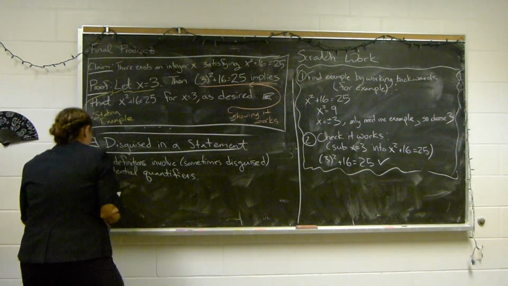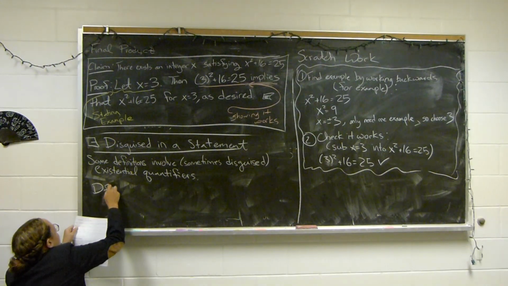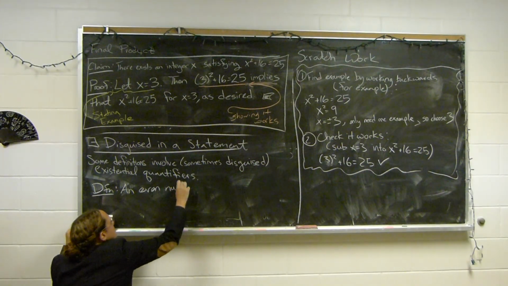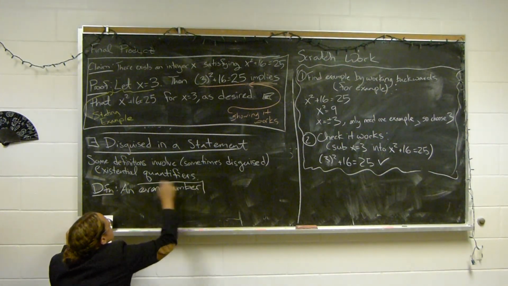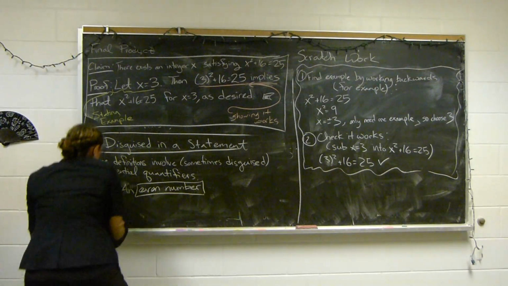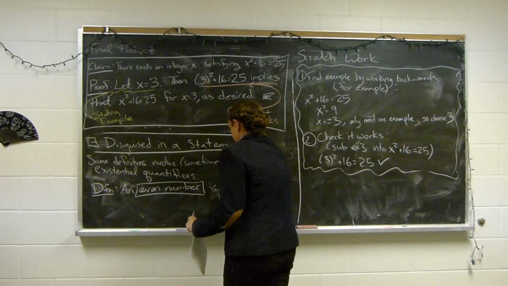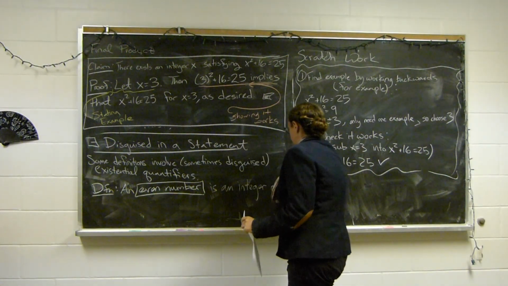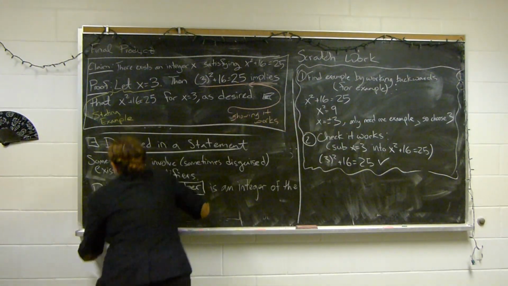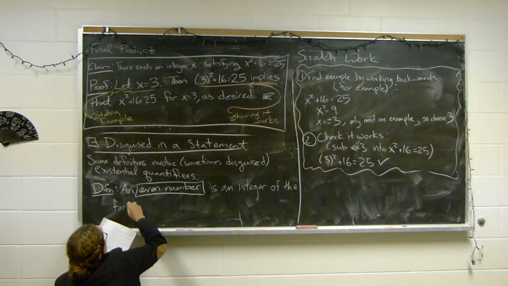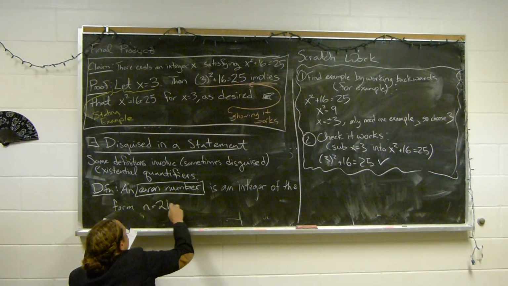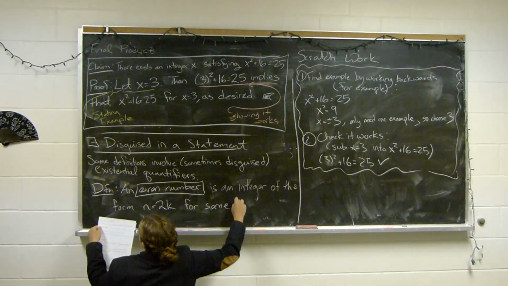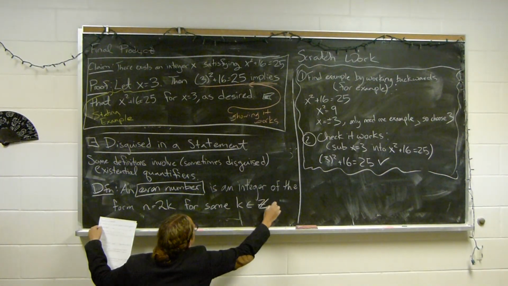So, definition. Maybe you've seen this definition before. An even number is an integer of the form n equals 2k for some k in the integers.